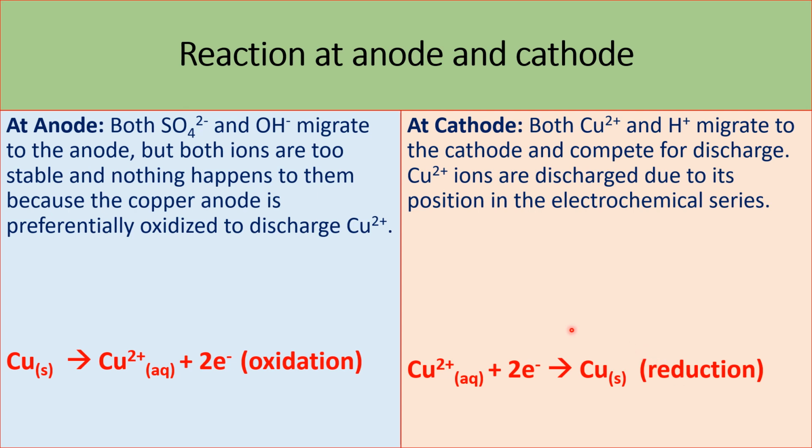So at the cathode, the reduction reaction is copper gaining 2 electrons to form metallic copper. At the anode, copper anode is dissolved, it oxidizes to form copper 2 ion, and that is the oxidation reaction.